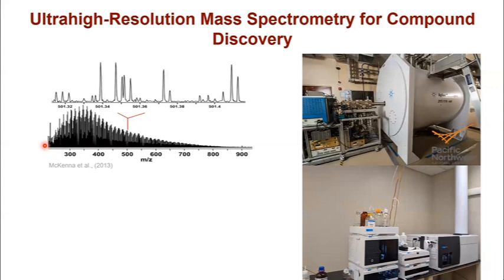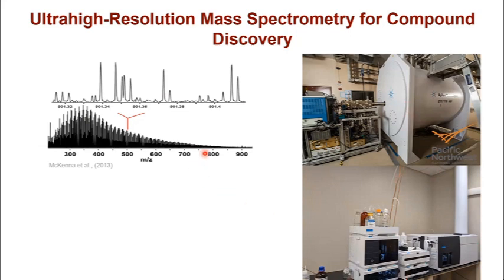At PNNL, I was fortunate to get funded to develop an algorithm for processing ultra-high resolution mass spec data. This is the 21 Tesla FTICR at PNNL, and this is a QTOF in my lab. Subsequent plots and results will come from these two platforms.